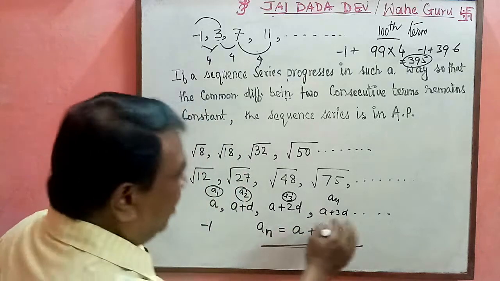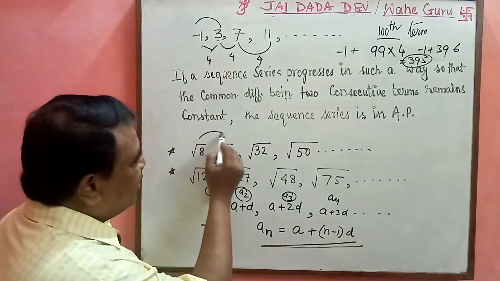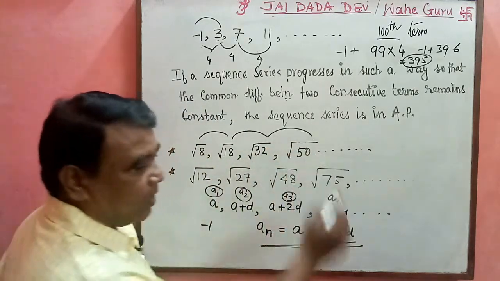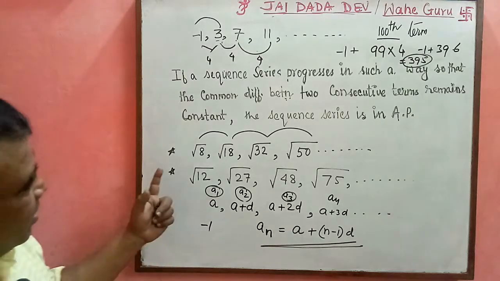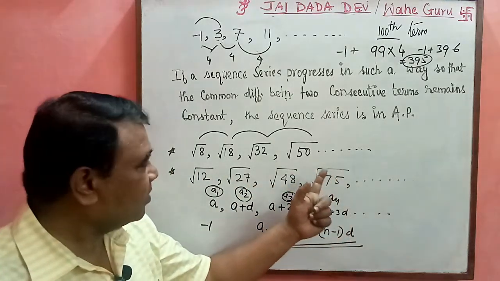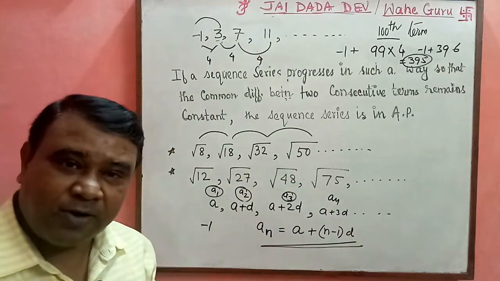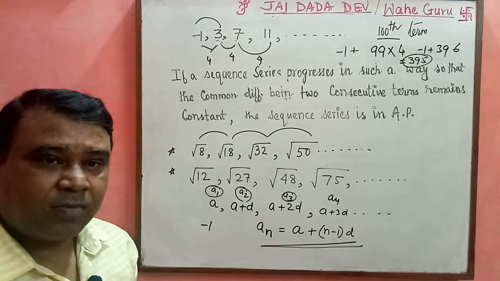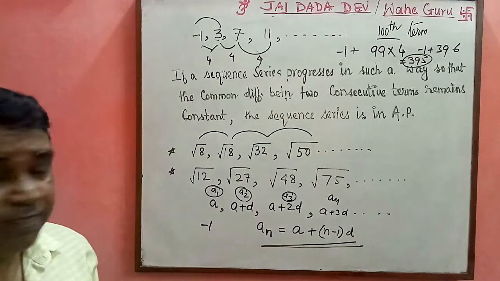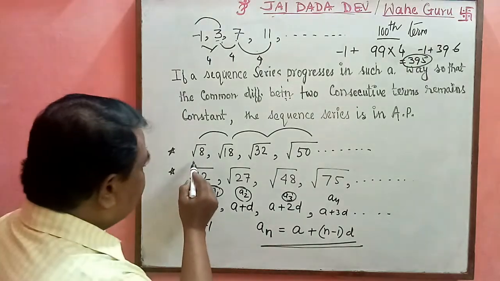So here, this is a sequence series progressing in this way. Is it an AP? If it is an AP, the common difference must be the same. Let's say this is 8.